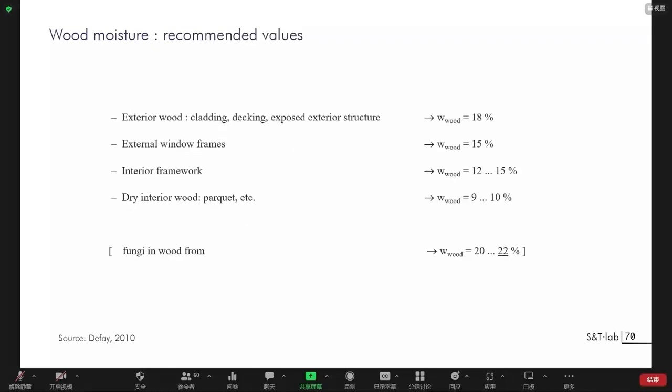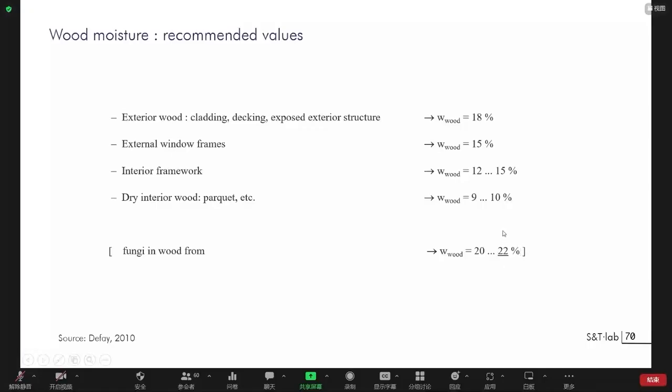So depending on the use, if you're using cladding or decking, or window frames or frameworks, or using parquet on the ground, for instance, you will normally have to choose different levels of moisture in timber. What's very important to see is that fungi in wood come around 20%.